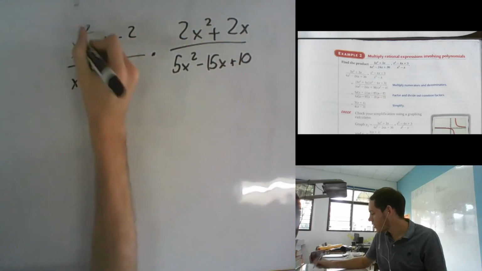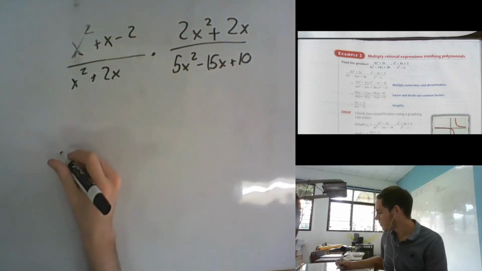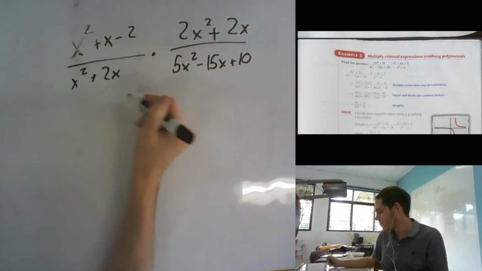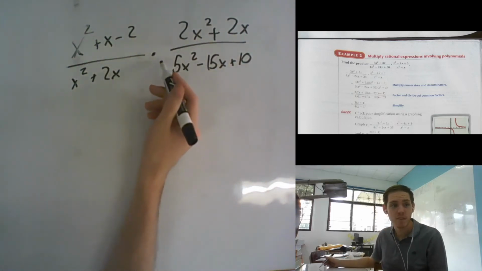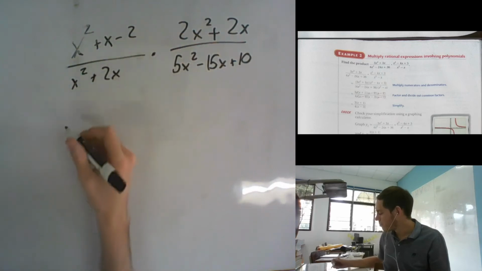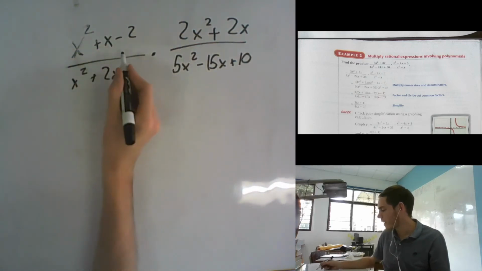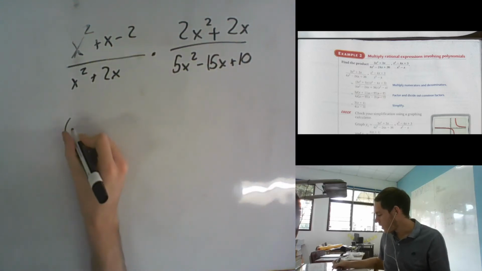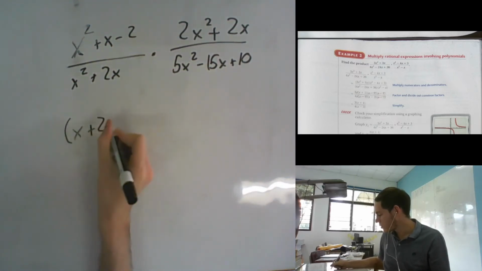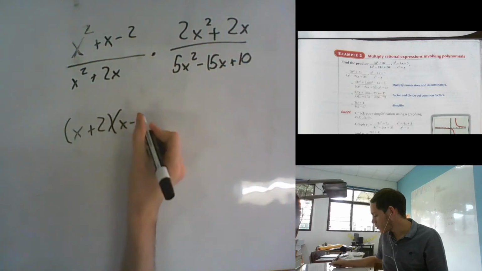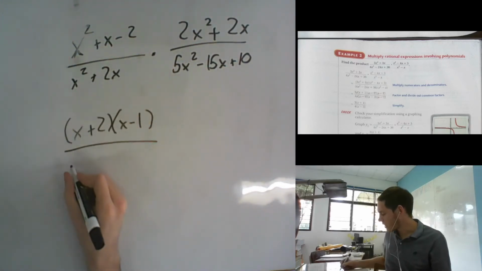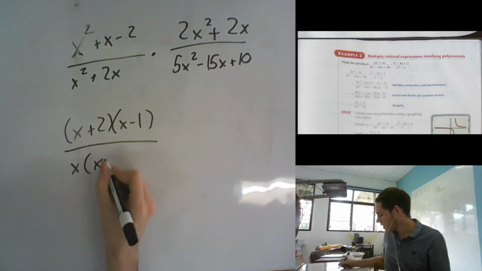So, we can multiply these two together, or the first thing you can do is factor them. But let's factor them first. If you factor x squared plus x minus 2, you get x plus 2 times x minus 1. On the bottom, if you factor off an x, you'd get x plus 2.